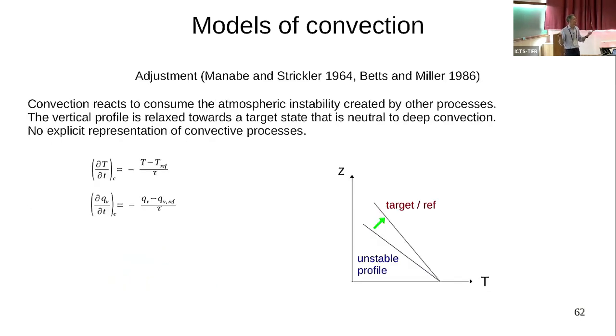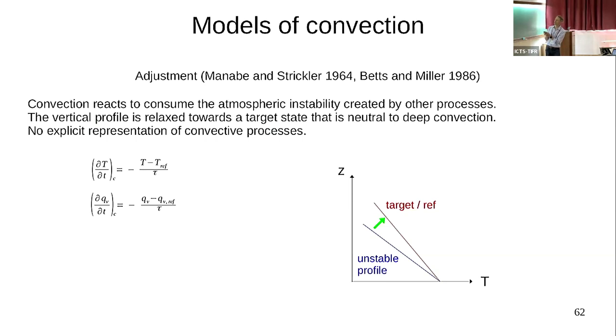Another school of thought for convective models is the adjustment school. So we have Manabe, Strickler, Betts, and Miller, for example. In this approach, you just say, okay, there's an unstable profile that was created, probably because of radiation, but maybe other things too. And this unstable profile is going to be put back to a reference or to a target, which is approximately an adiabat, but could be different.